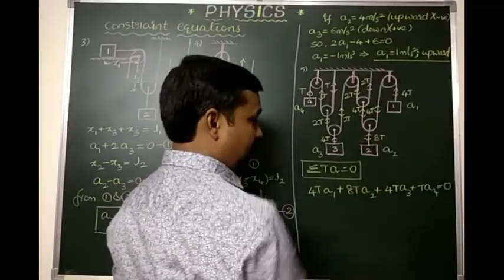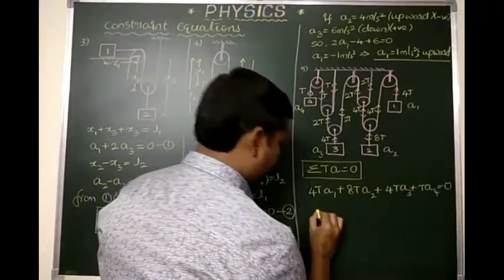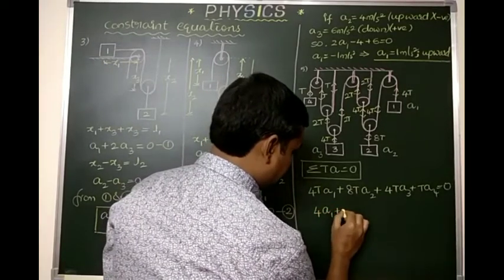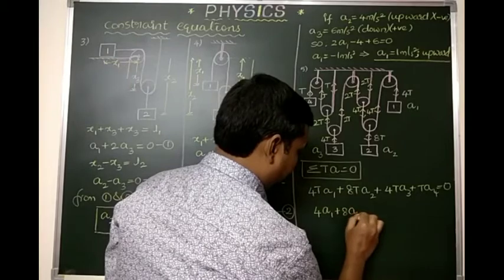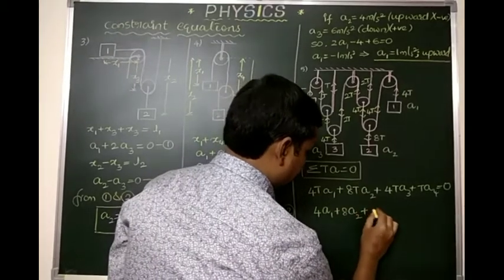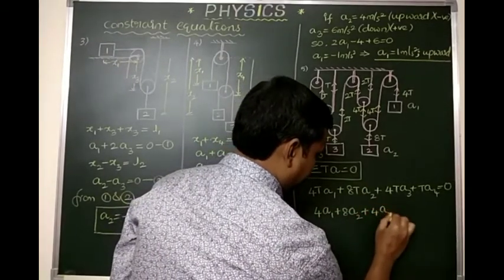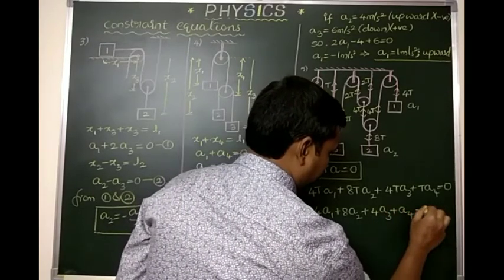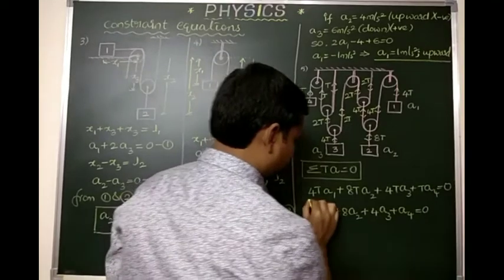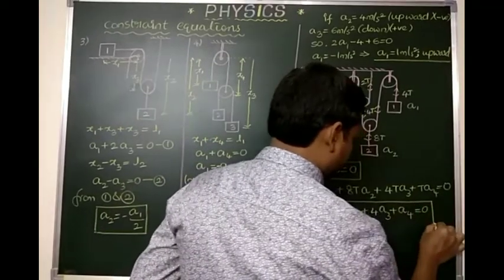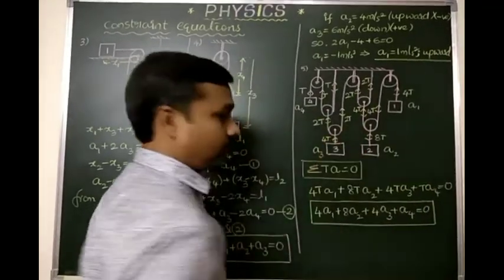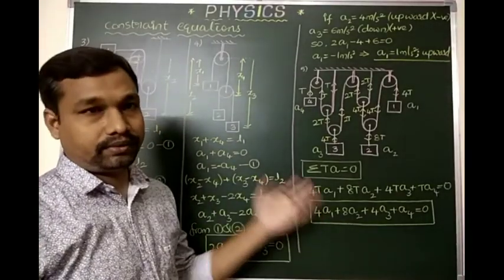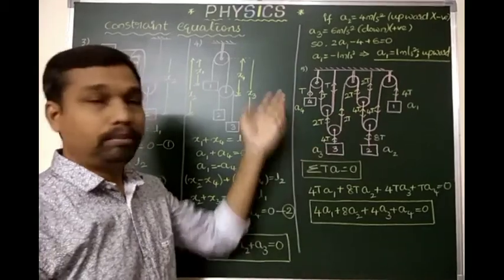T is common, so it becomes 0. So we are getting the relation 4A1 plus 8A2 plus 4A3 plus A4 equals 0. This is the equation we are getting very easily to find the relation between the blocks.